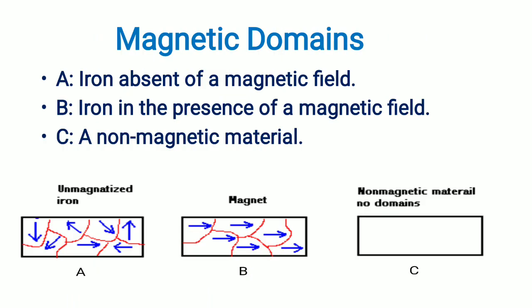Then what is the reason behind this? Some materials show magnetism. The remaining materials are not able to possess any magnetism. So just imagine a paddy field.